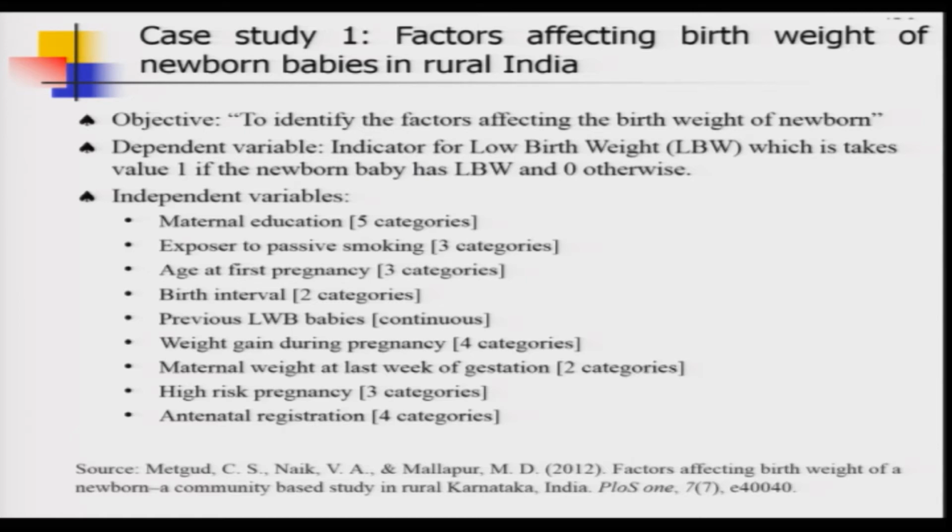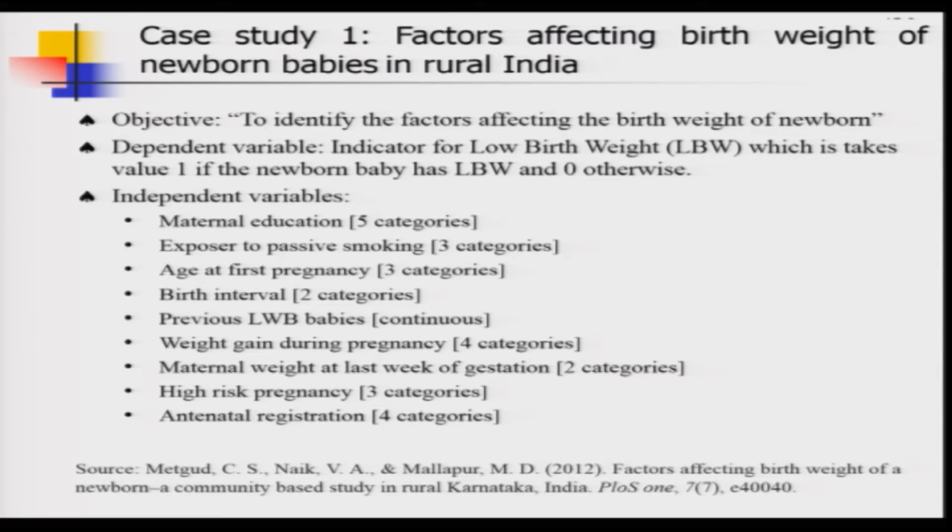Now the authors have introduced a set of independent variables to model this LBW variable, and here we have shown you the list of those variables. Note that only one variable here is continuous, that is the previous number of low birth weight babies. Other than that there are all qualitative variables.